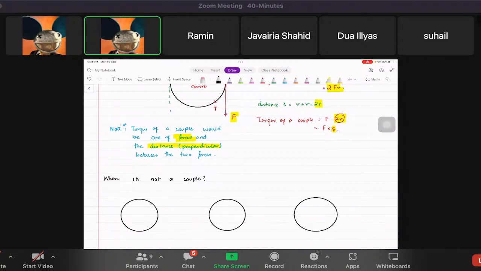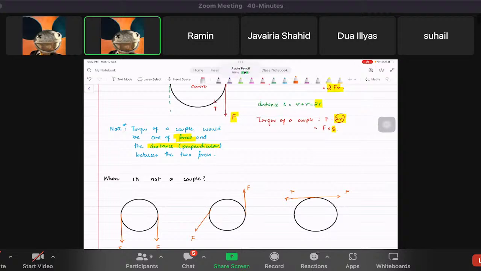If two forces are acting, they are parallel, but they are acting in the same direction, this would not be a couple. If one force is acting this way and the other force is not parallel, that cannot be a couple. And it could not be a couple if both forces are opposite and the same size, but they do not have parallel lines of action. Is it clear, everybody?